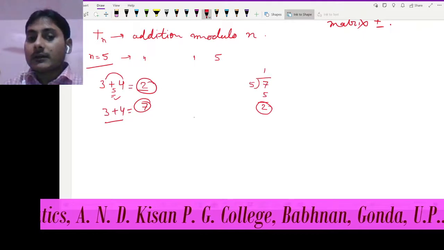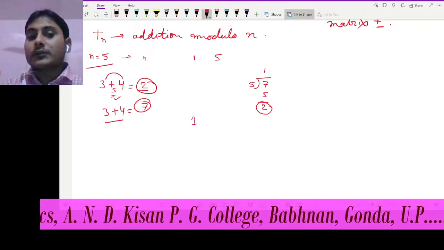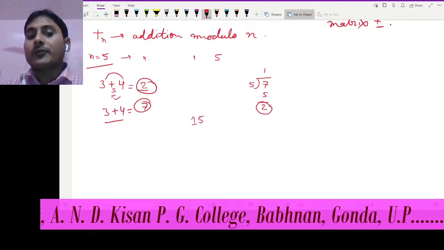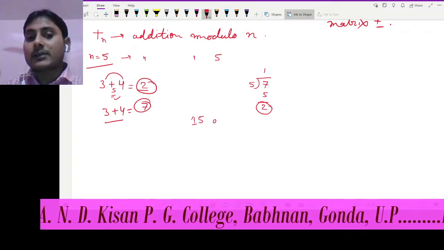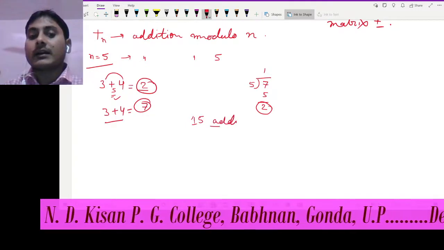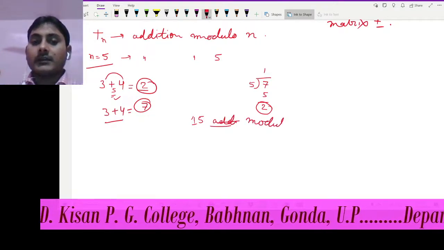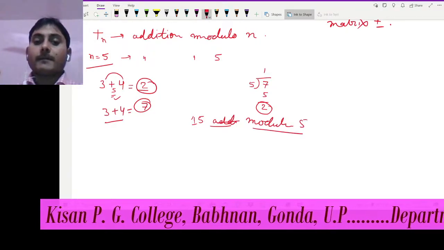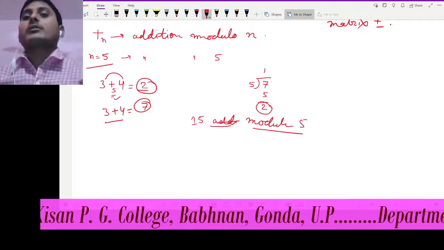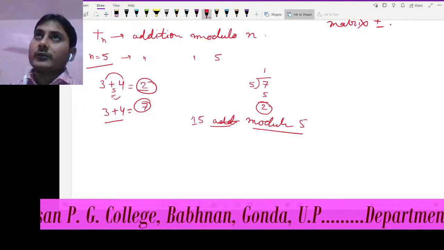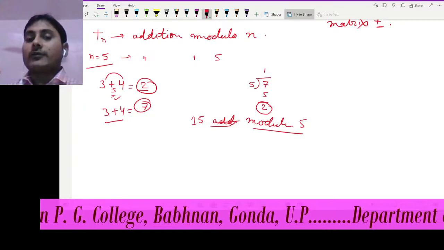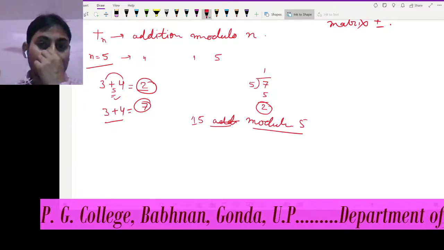Similarly, one can ask you, what is the value of 15 in modulo 5? What will be the value of 15 with respect to modulo 5?